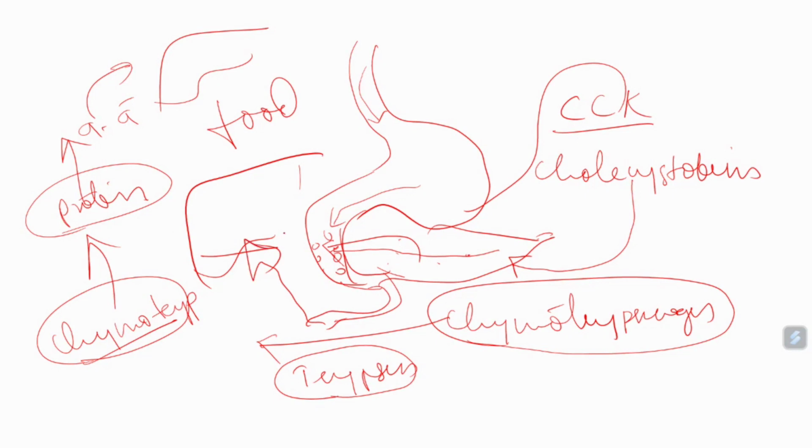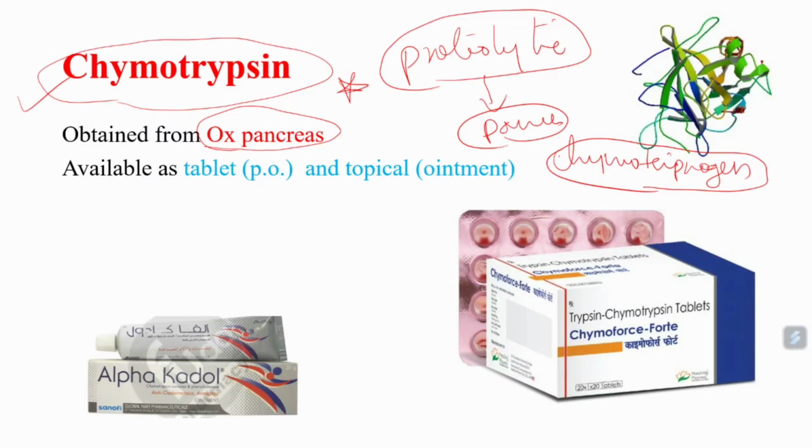Now, in certain conditions where the patient is having pancreatitis or pancreas dysfunction or failure of the pancreas, chymotrypsin is very commonly used in the hospital. It is available as oral tablet because chymotrypsin is important in digestion of proteins, and it is also sometimes available as topical ointment on the skin. In certain healing conditions and in psoriatic conditions, the skin will have a lot of proteins which are to be removed from the tissues.